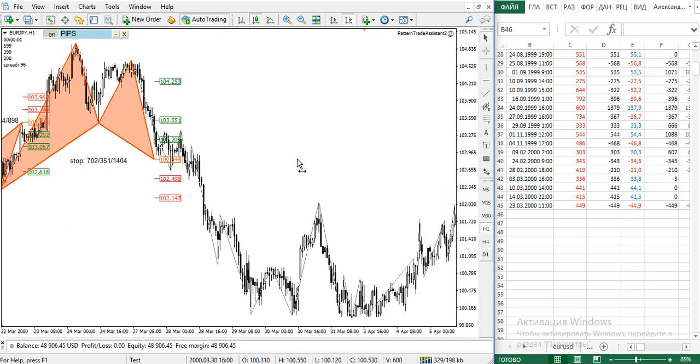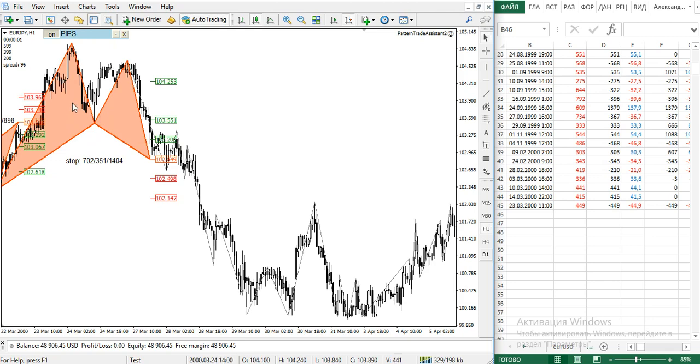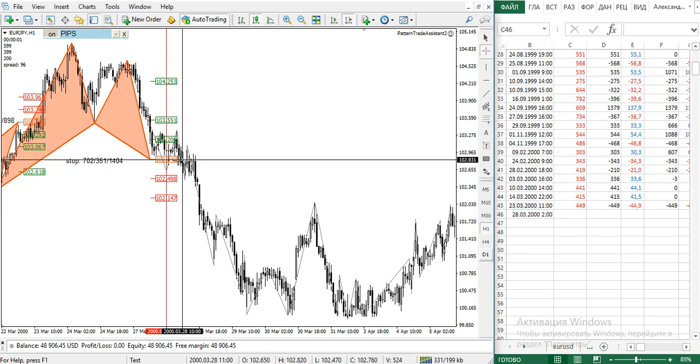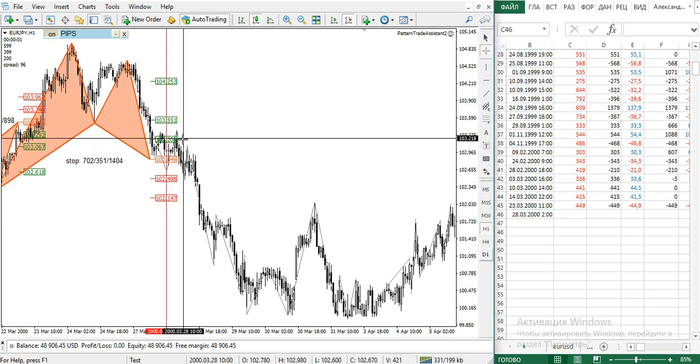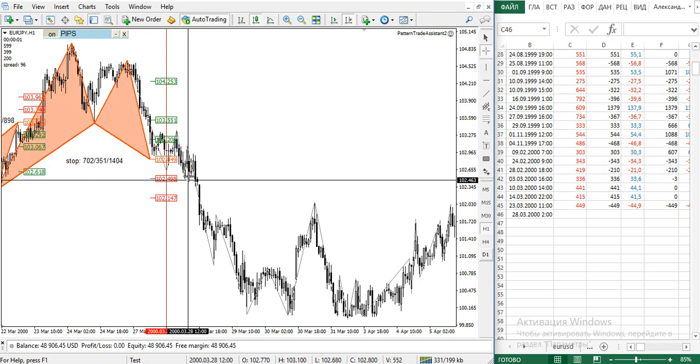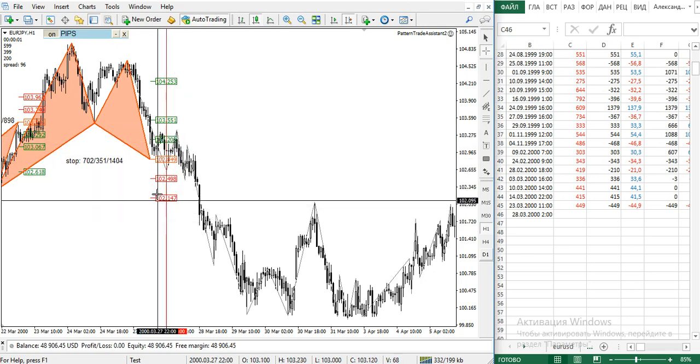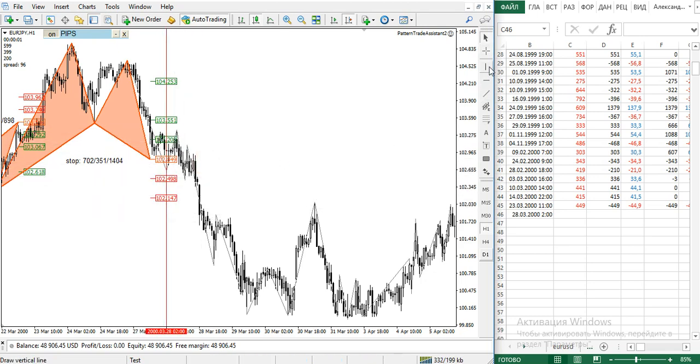Okay, let us continue. So what we have with this setup, we completed the pattern here. Then we first go to hit half and then we reverse. When we hit half, first we move our stop loss to cut our losses.